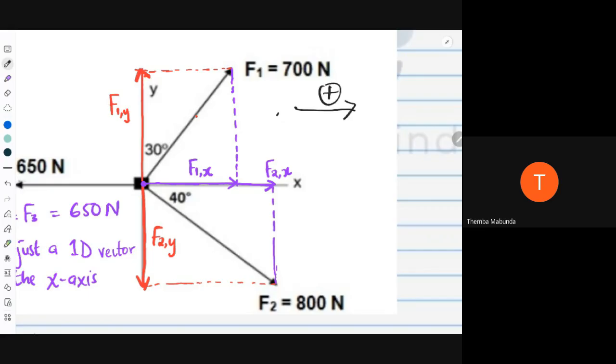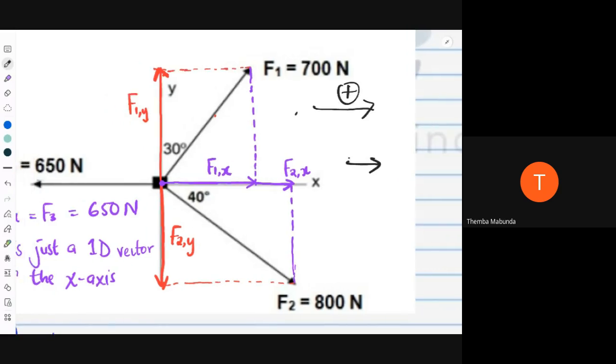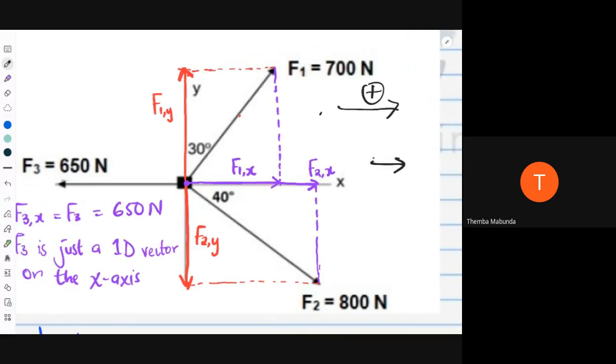Anyone care to tell me, is F2x positive or negative? It's going this way. It is positive. Thank you. And then what about, what else did we have? F1x, is it positive or negative? It is still positive.